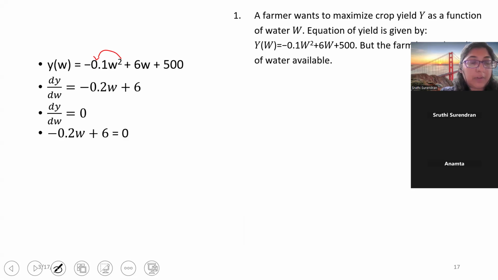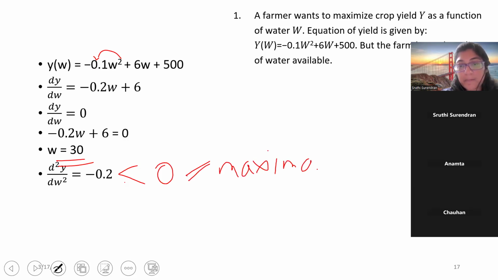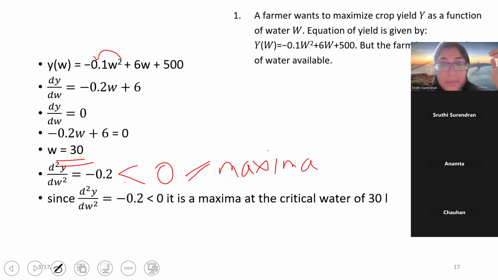If you put this equal to 0, you will get the value w equal to 30. Now, the second derivative is equal to minus 0.2, which is less than 0. So it is a maxima. Since minus 0.2 is less than 0, it is a maxima at the critical water of 30 liters.